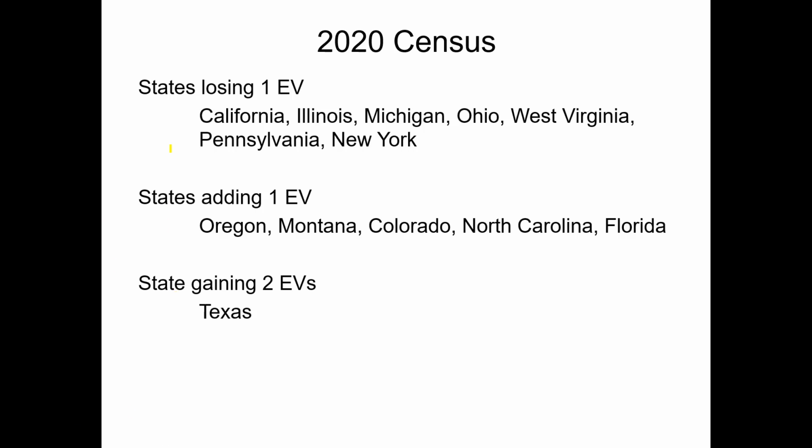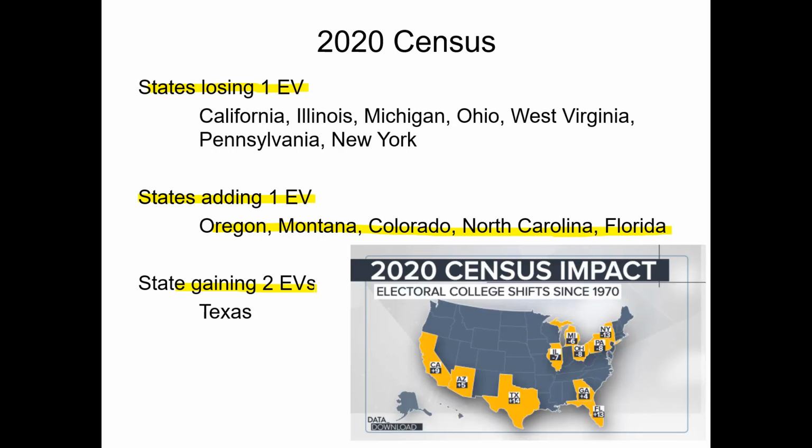As you can see, in the 2020 census, several states lost 1 electoral vote because of population shifts. Several states added 1 electoral vote, such as Oregon, Montana, Colorado, North Carolina, Florida. Texas, because of the shifting population down to the south, gained 2 electoral votes from the 2020 census.